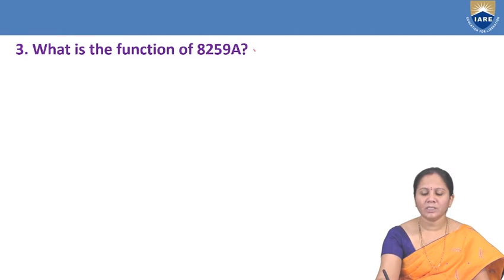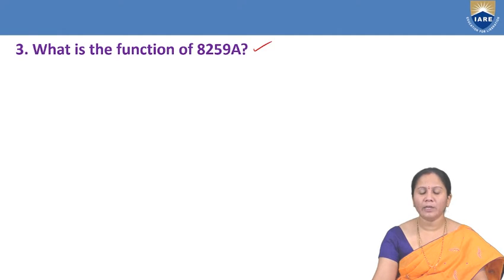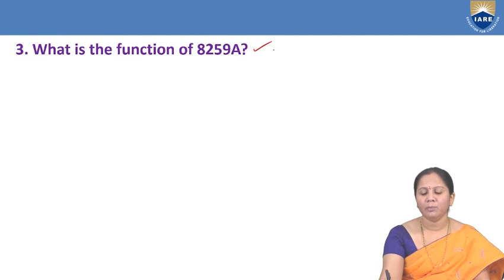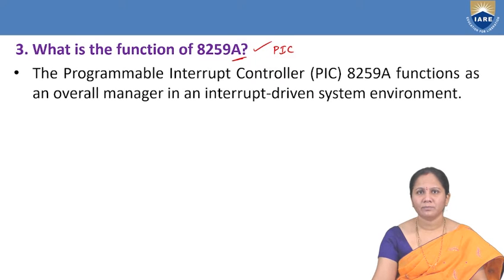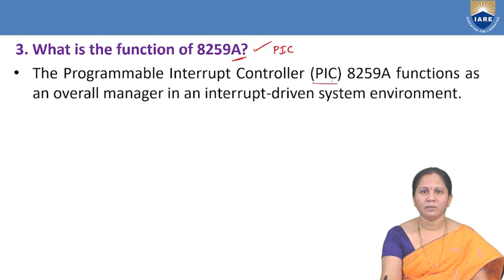Next, what is the function of 8259A? This 8259A is called the Programmable Interrupt Controller, and here A is the version of that 8259 IC. The Programmable Interrupt Controller, 8259A, functions as the overall manager in an interrupt driven system environment.